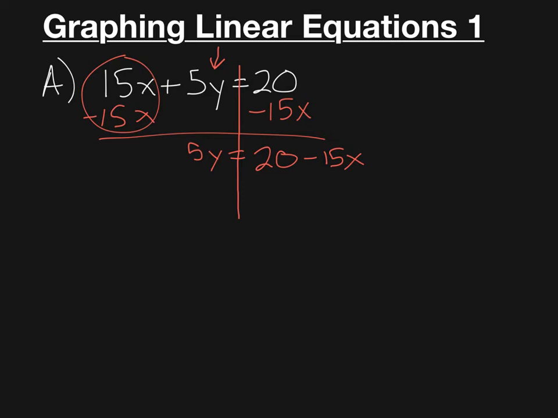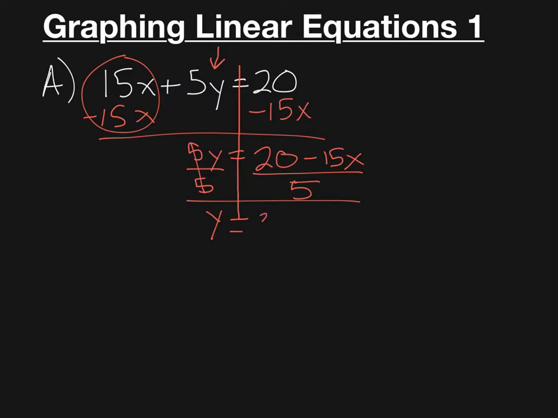Now, our next step, we have 5 times y. We have to divide by 5, right? Just like if we were solving an equation for any variable, we would divide by 5. That gives us y equals. Now, we can separate this into two fractions because this is subtraction right here. If this is subtraction or addition, we can actually separate it into two fractions, both with a denominator of 5.